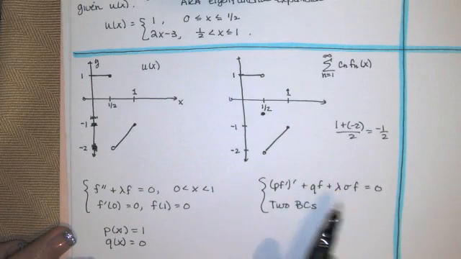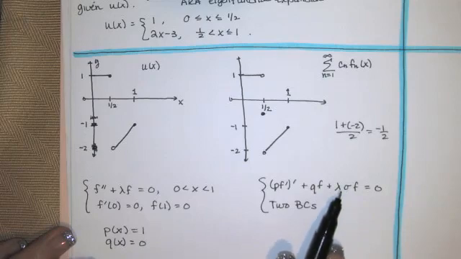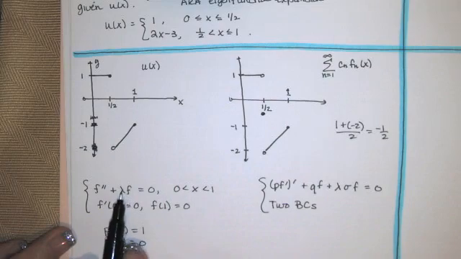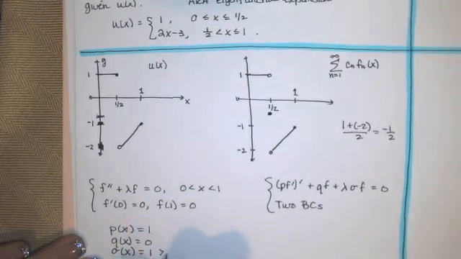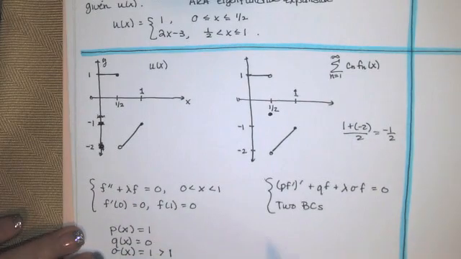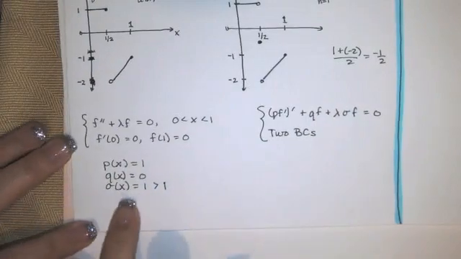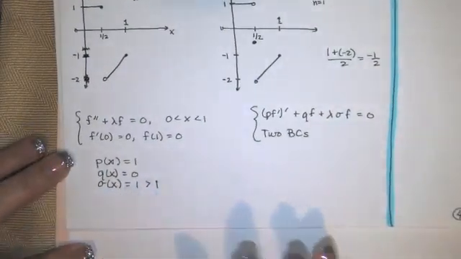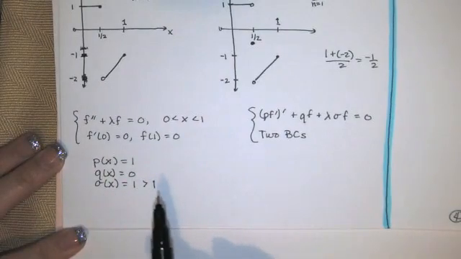And then that means if p is 1 and q is 0, the weight, that sigma of x, is the function multiplying lambda and f. Since I've got a lambda f here, sigma is just 1. And of course, that is positive on the interval from 0 to 1, or it's actually positive all the time. We've got that as our weight, and it satisfies the requirement that that weight is positive on the interval of interest.